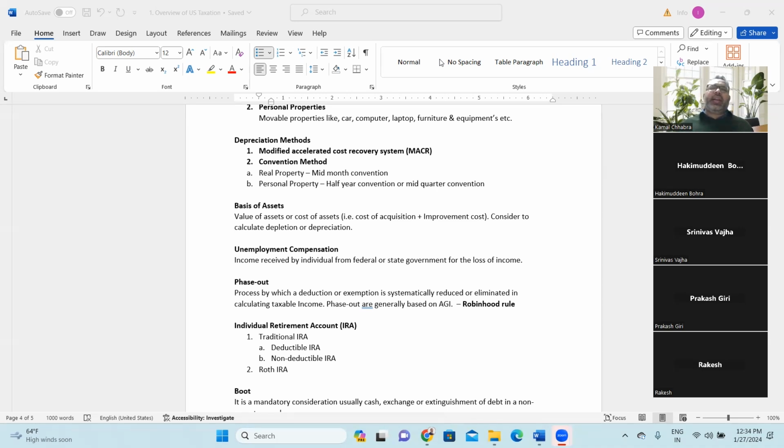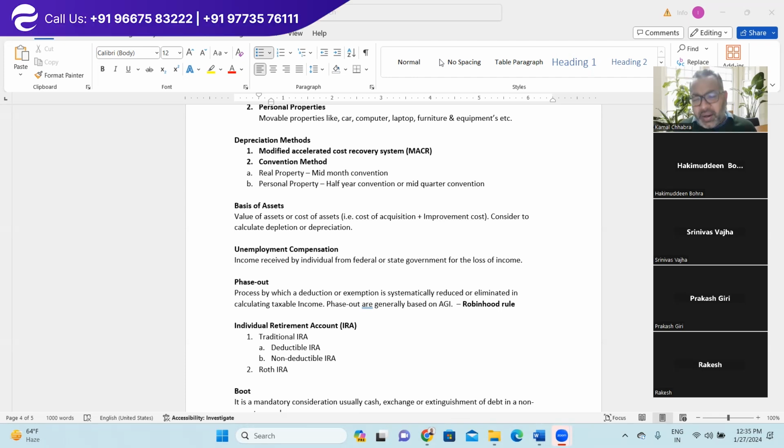Now there is a second category called personal property. In personal property, you will have the half-year convention method, or you can choose the mid-quarter convention method. In the half-year convention method, you will be charging depreciation for half a year, for H1 or H2, first half or second half.